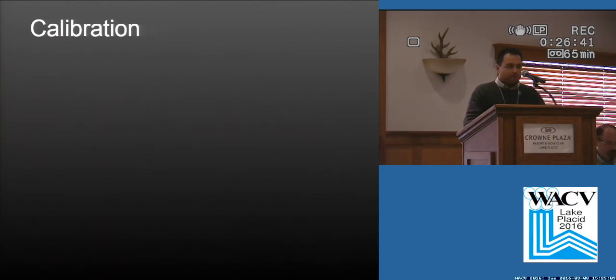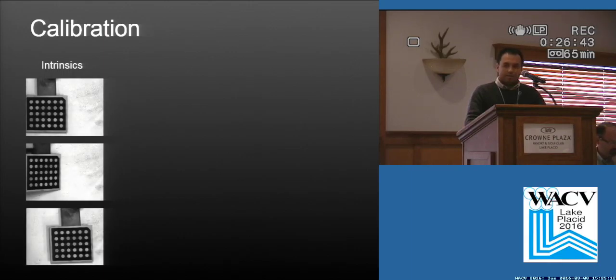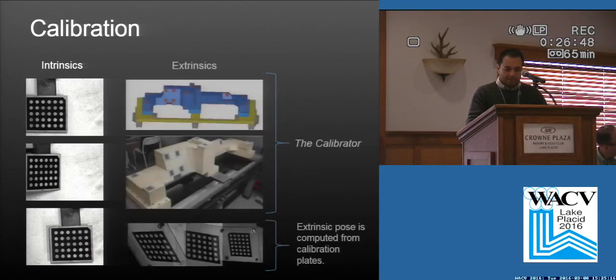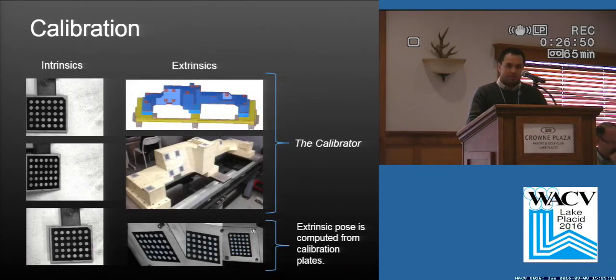We have to calibrate this. Of course, the intrinsics are easy. You just take all 45 cameras and calibrate one by one. But the extrinsics become a problem because there are no overlaps between the cameras; the overlap only lies within the local camera groups. So we manufacture a calibrator object, which is not manufactured precisely, but we augment this rough approximation of the actual part that we inspect with a lot of circular markers.